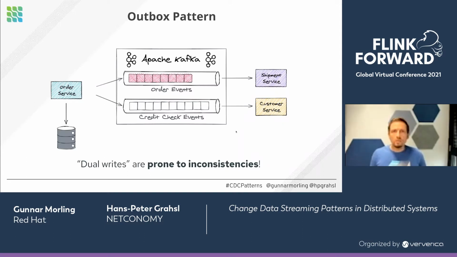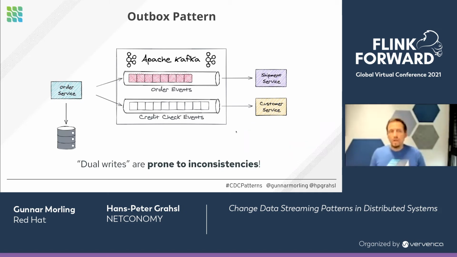We talk about dual writes anytime an application tries to update two resources that are not capable of sharing one and the same transactional scope. For instance, in this example, we see a microservice that tries to update its own local database, and in addition, it wants to communicate some events by producing a message to an Apache Kafka topic.